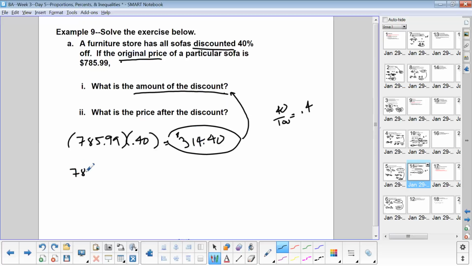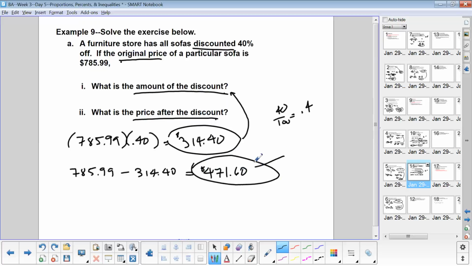So you're going to actually take $785.99 and subtract the discount. If you take $785.99 minus $314.40, you're going to get the price after the discount, which would be $471 and approximately 60 cents.